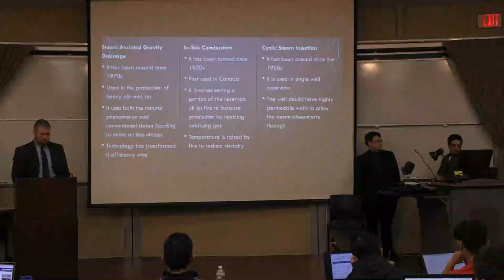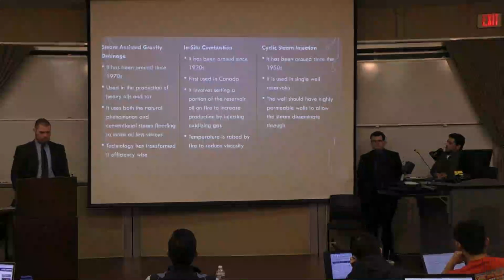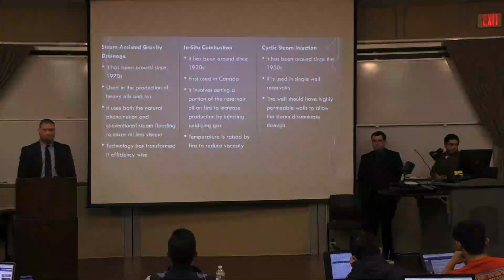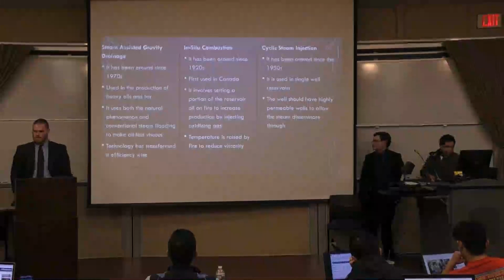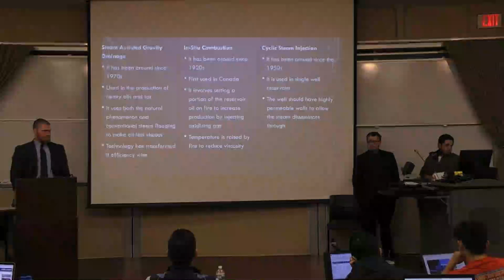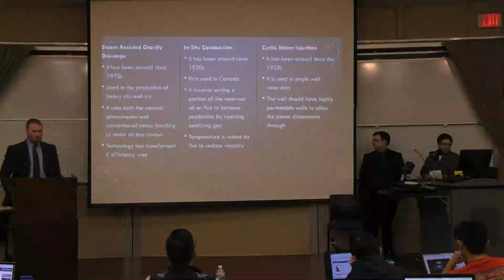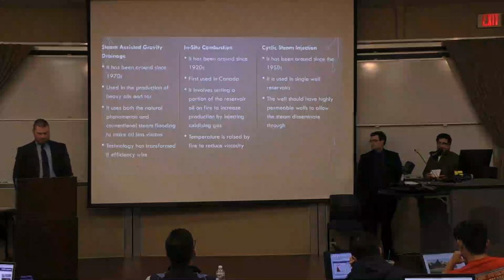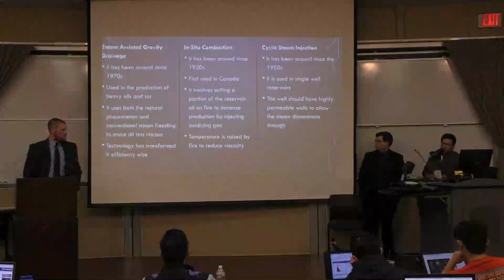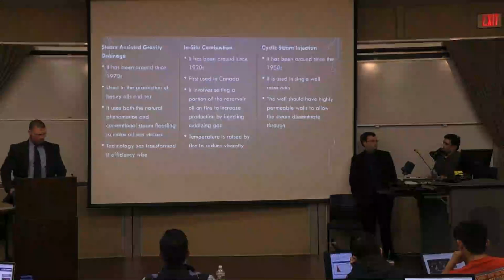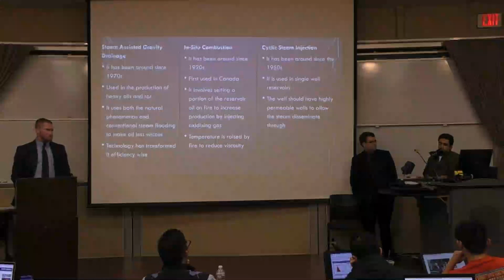It's basically used to produce heavy oils and tar, and this type uses both natural phenomena and conventional steam flooding to make the oil less viscous. And as we know, the technology in the past 40 years has improved drastically, so that transformed this type of thermal injection to make it more efficient.